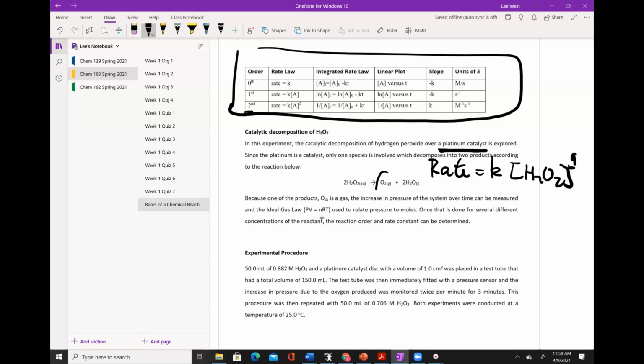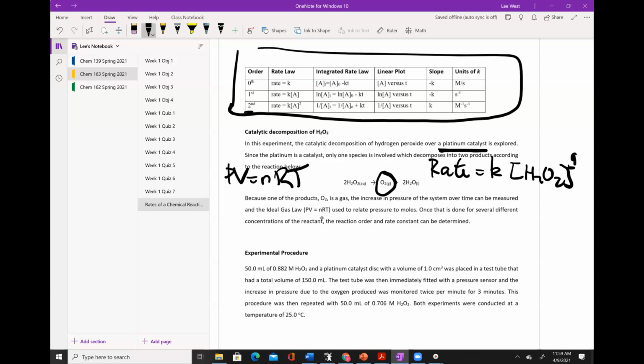Now, if you look here, you'll see that one of the products is a gas. So if we do this in a closed container, the pressure will go up according to how much gas we make, because we know that PV equals nRT.